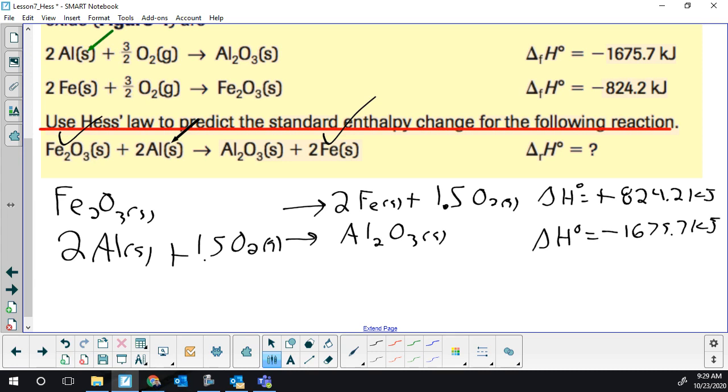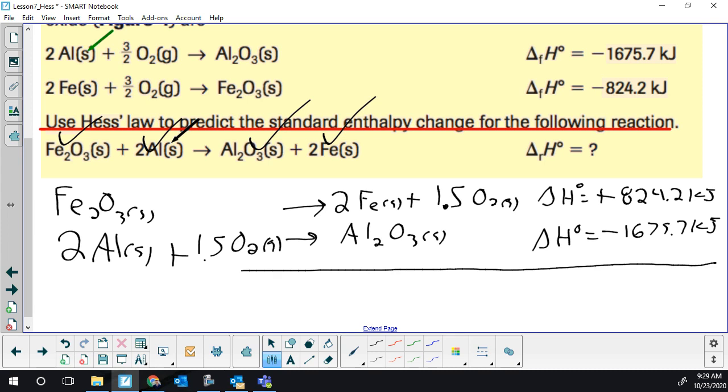I always bring it down and then ask myself, is it the correct amount? And again, I don't have to scale it. I wanted 2 moles. This gave me 2 moles, so I don't have to double or half or anything. That gave me my aluminum that I wanted. It also gave me my aluminum oxide. So I have all 4 pieces now.